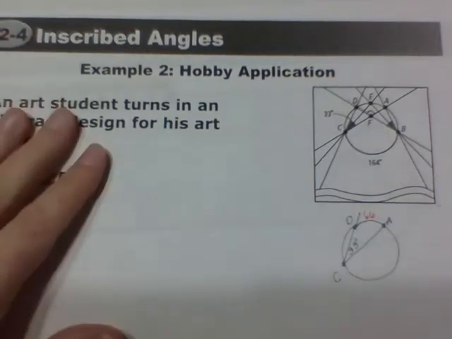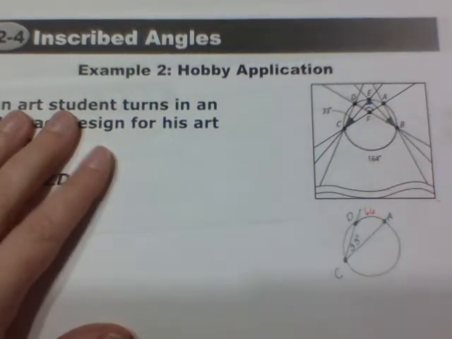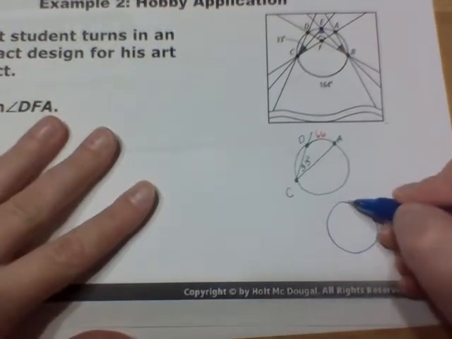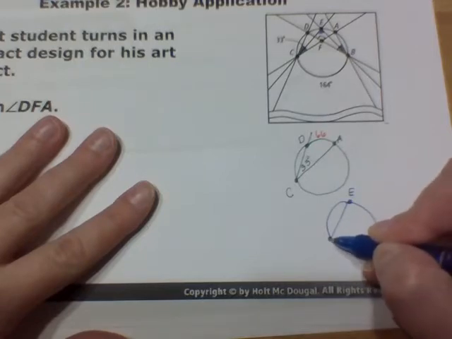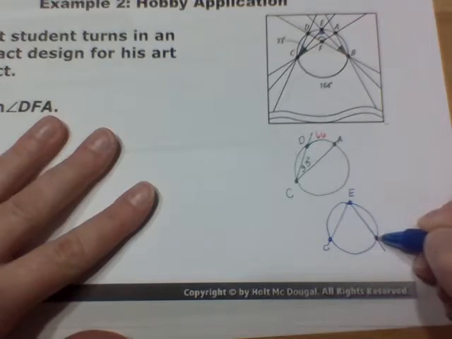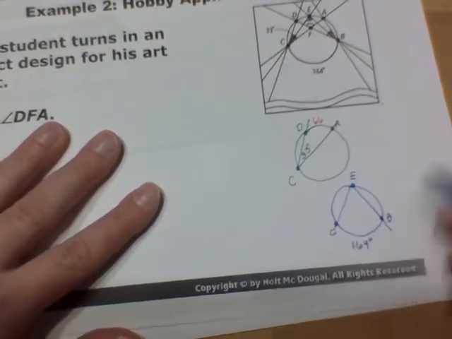So that means that this angle measure of CEB, so drawing another diagram for ourselves, E out to C, and then out to B, encompasses 164 degrees.